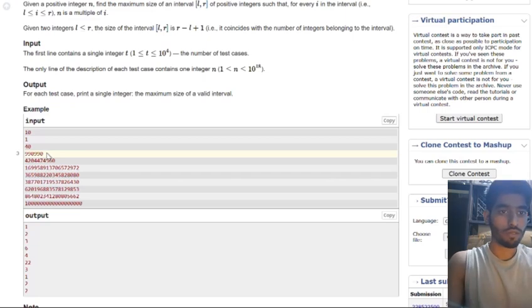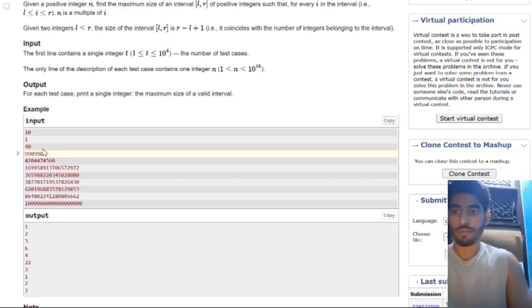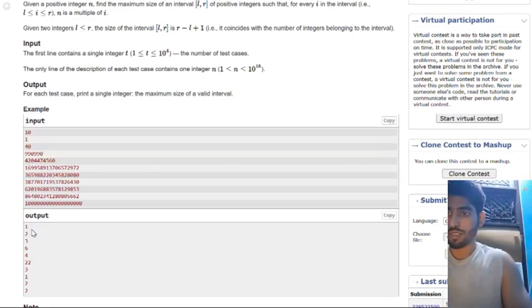In our first test case, we can see for starting from i equal to 1, 1 can divide n. So 1 is our answer.